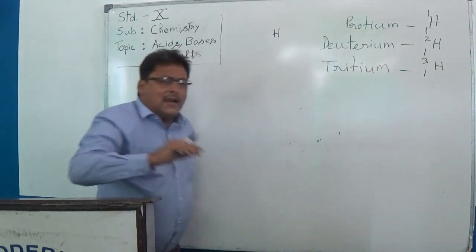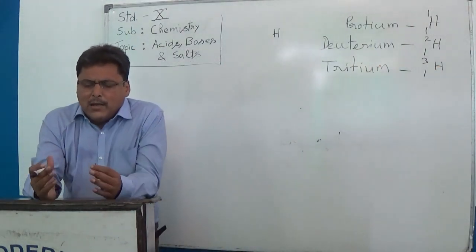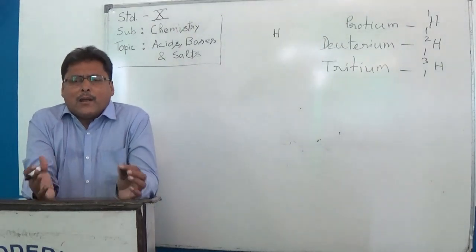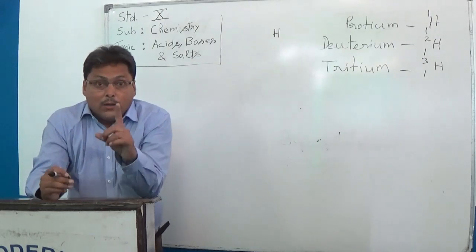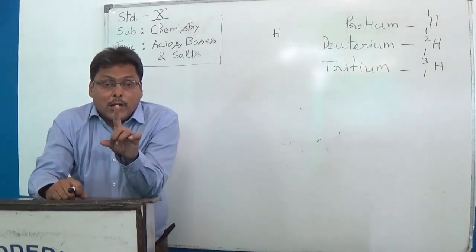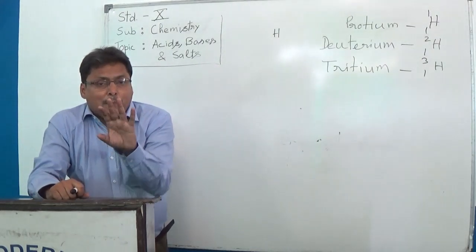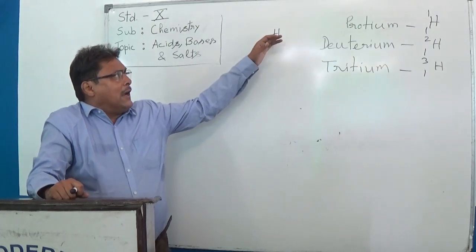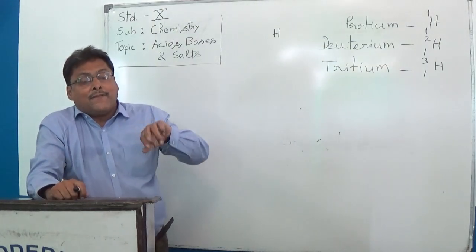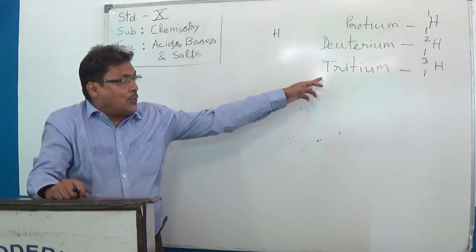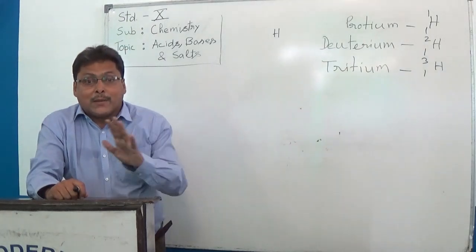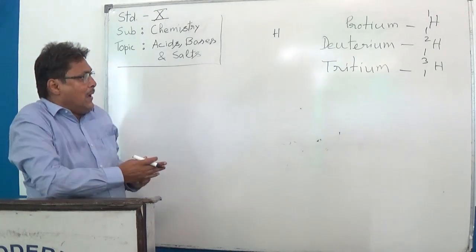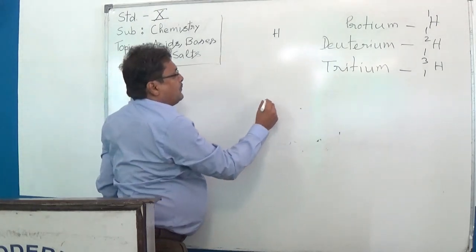These two are very least in amount in the available hydrogen, 99% is protium, so we are talking about protium. And one more thing I was telling you, that hydrogen is especially unique. Perhaps this is the only element that has different names for its isotopes. For other isotopes we usually do not have separate names. Anyway, let's look at this protium.